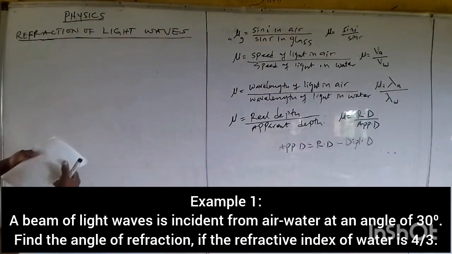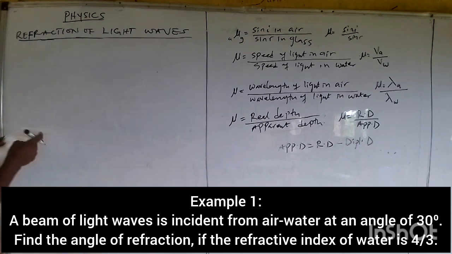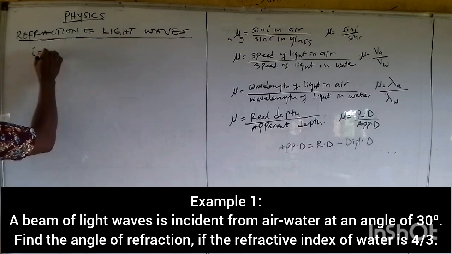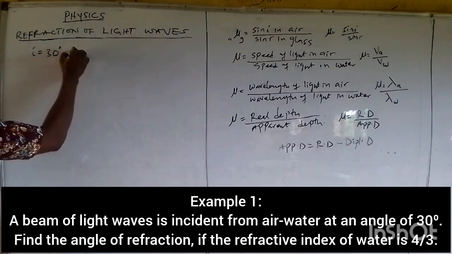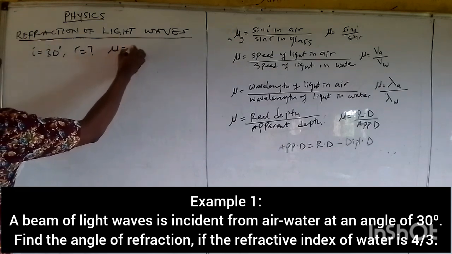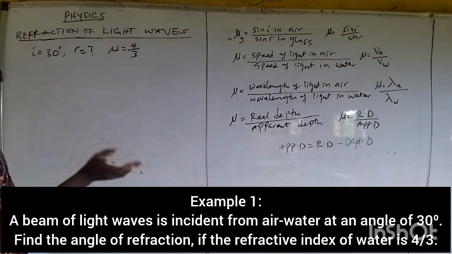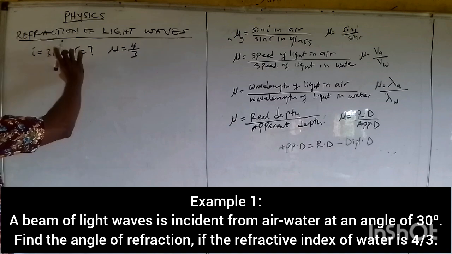So from the question, a beam of light is incident from air to water at an angle. That means the angle of incidence is 30 degrees. Then we are meant to find the angle of refraction, given that mu is 4/3. The first thing we do is to decide which formula will suit this.